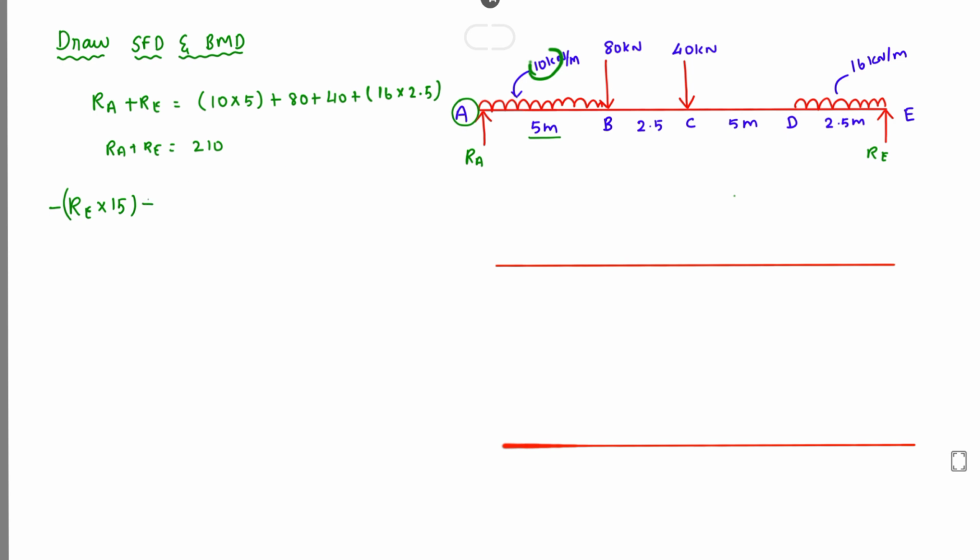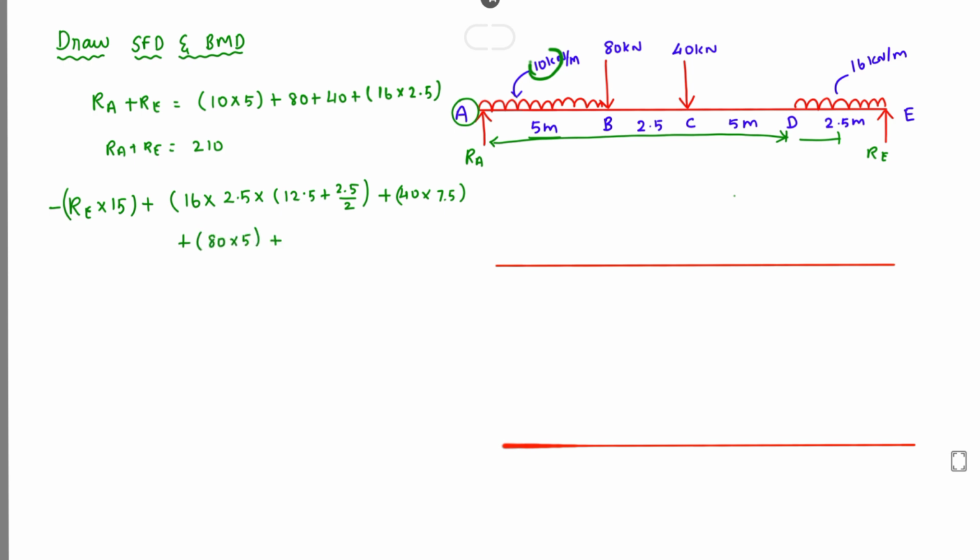So now plus 16 into 2.5 into the distance by 2, that is 12.5 plus 2.5 divided by 2. Next, plus 40 into the distance, 7.5. Then the positive value, 80 into 5 meter.